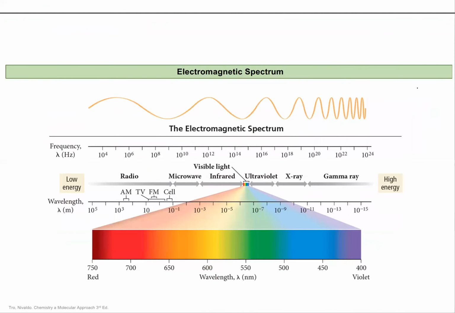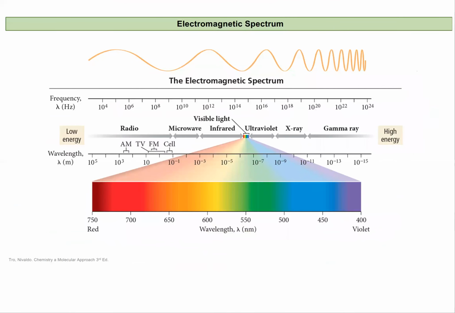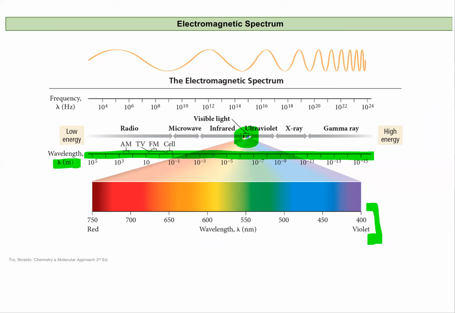So here's the entire electromagnetic spectrum. You can see that our visible light region is a very small component of it, between 750 and 400 nanometers in wavelength. This is a nanometer scale here, but when we're looking at this scale of all of electromagnetic radiation, we're really looking at wavelength in meters.